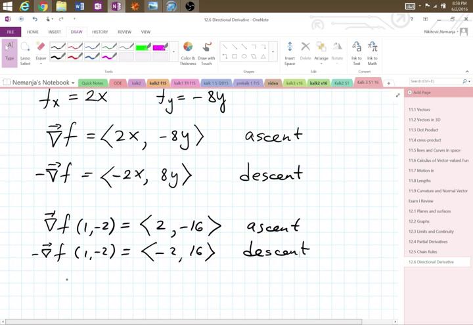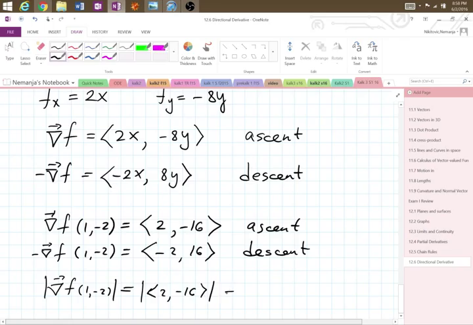And now we want to know the rate of change, so we find the magnitude, which is the magnitude of (2, negative 16), the square root of 4 plus the square of 16.